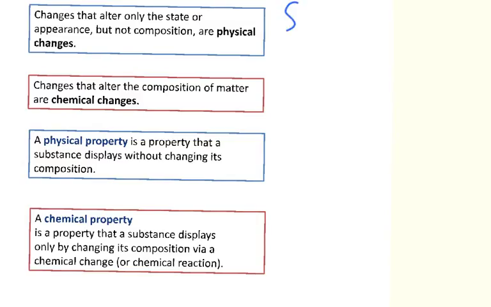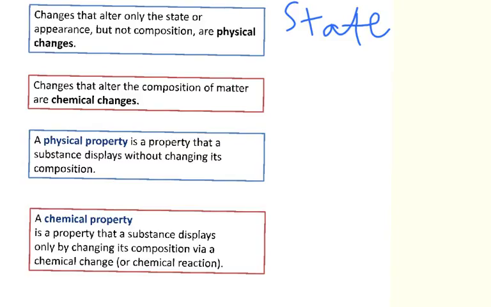Also, things like tearing or mechanical changes, as long as the composition doesn't change, are physical changes. For example, if I took a piece of paper and ripped it in half, I would now have not one thing but two things. Each one of those things, though, would be composed of the same thing, both composed of paper.